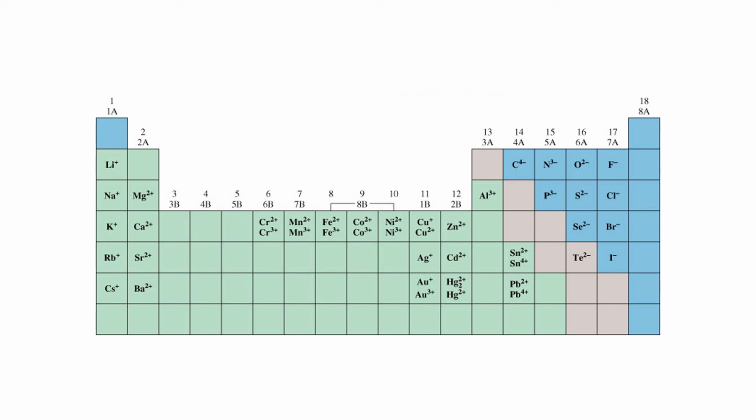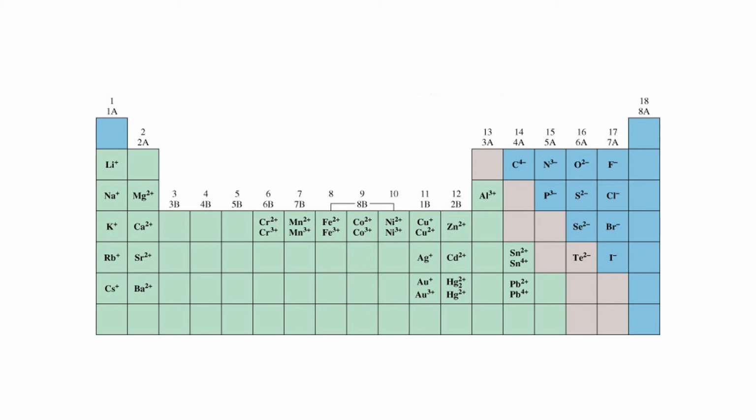So look at chromium. It can form a 2+ and a 3+. And these aren't all of the possible charges either, just some examples. Manganese, 2+, 3+. It can also make a 4+ and a 7+ ion. Iron, 2+ and 3+, and so forth.